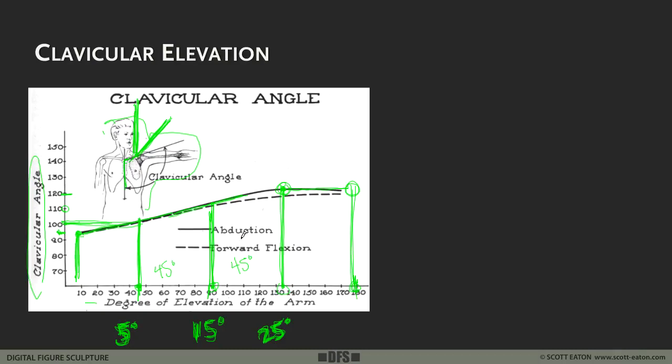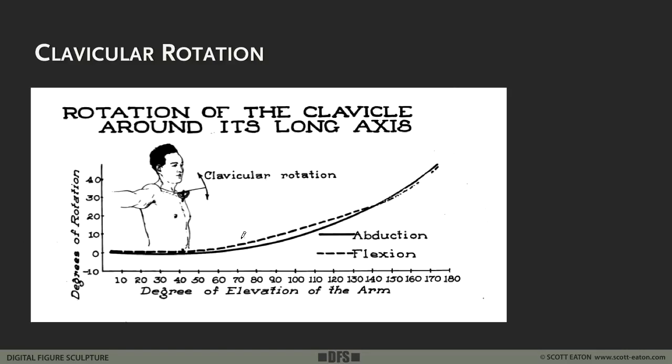The next thing I'm going to talk about is a complexity that nobody has probably appreciated. I certainly didn't appreciate it, but I'm aware of it. And that's the fact that as you raise your arm out to the side, not only is your clavicle elevating, rotating this way, it's also rotating axially, along its long axis, right? So it's rotating backwards on itself, towards the chin, if you will.